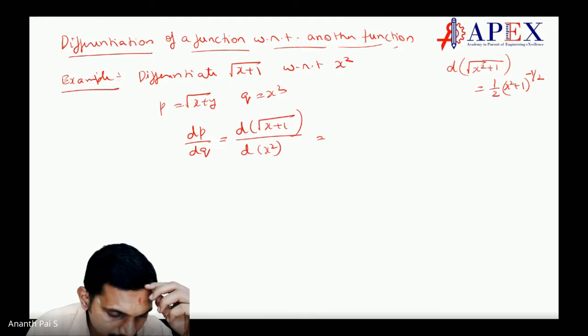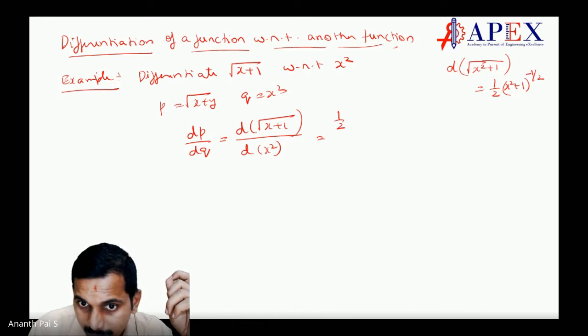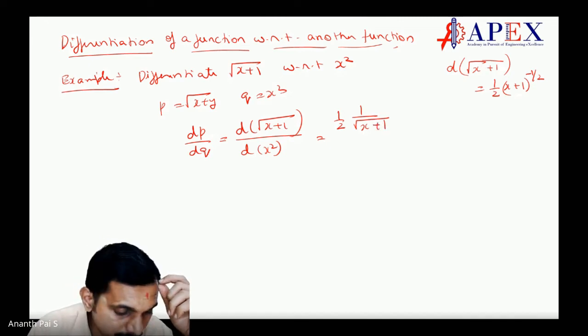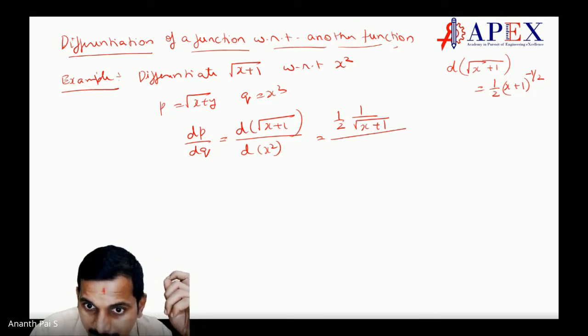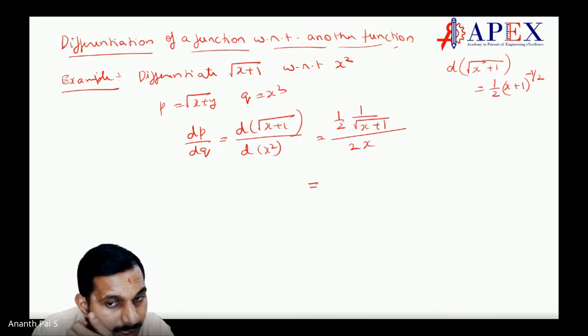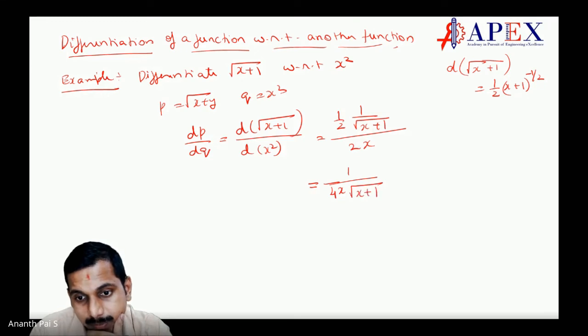Correct? Makes sense? So you get half into 1 by square root of x plus 1, divided by 2x. That's how you do it. Simple and straight. So this 2 goes up, and it will be 1 by 4x into square root of x plus 1. This is dp by dq. Makes sense?